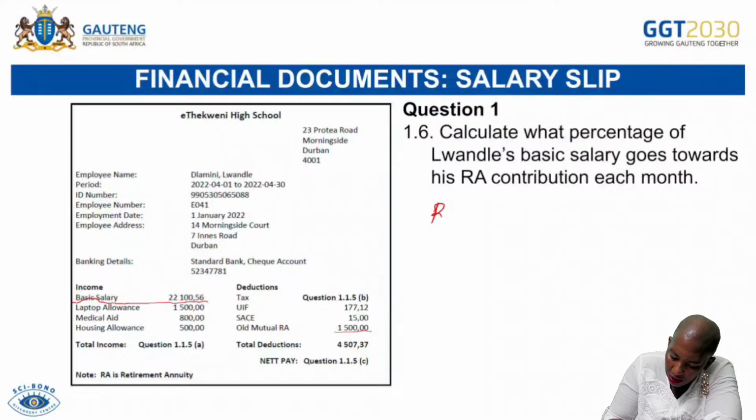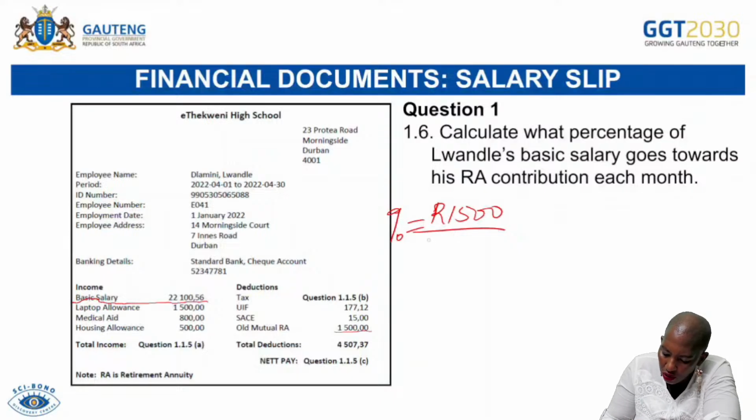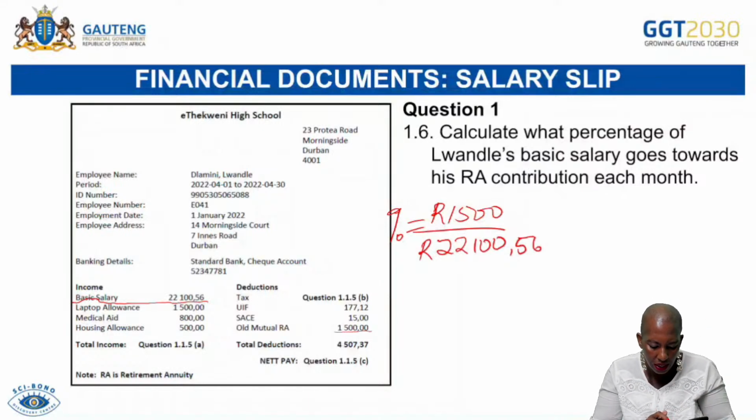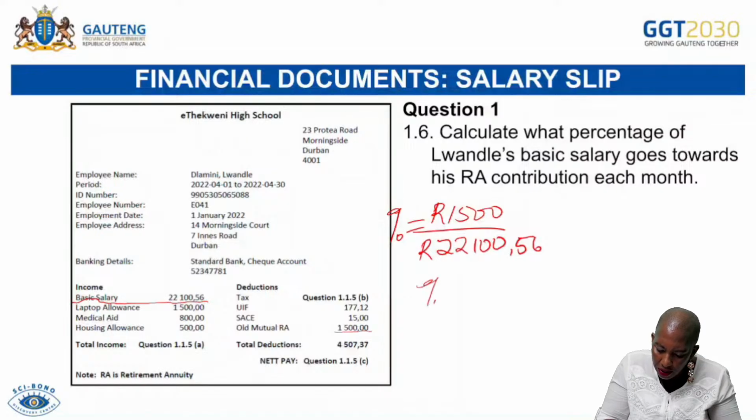So we just simply say 1,500 because we want to know the percentage that goes there. It will be 1,500, and then I divide it by the basic salary, which is 22,156 cents.